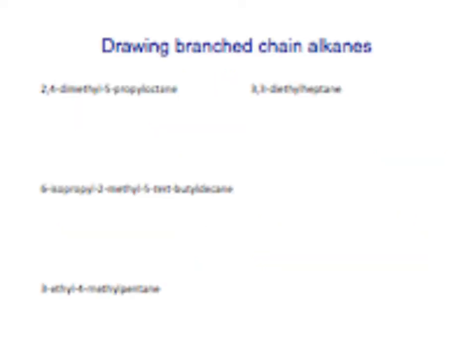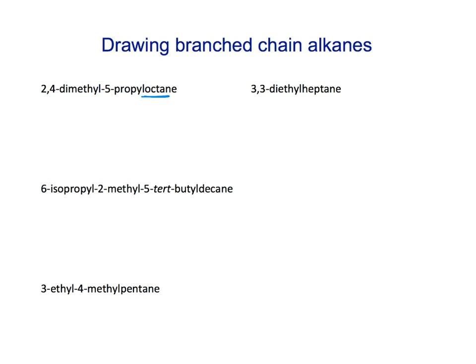All right, so let's reverse this problem around, and instead of giving you a structure and having you write the name, here I'm giving you some names, and let's draw the structures. All right, here's the first one, 2,4-dimethyl-5-propyl octane. So we're going to look at the parent first, octane.